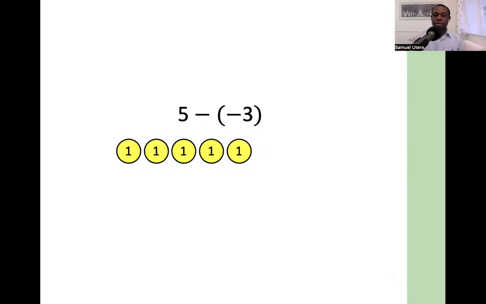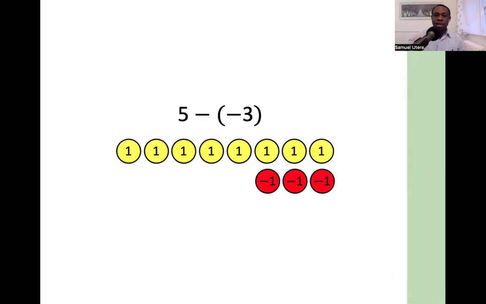That's right. Some of you would have identified that we need 3 zero pairs. So having these 3 zero pairs means that we can now subtract 3 negative counters. So when they're gone, we're now left with 8 positive counters.